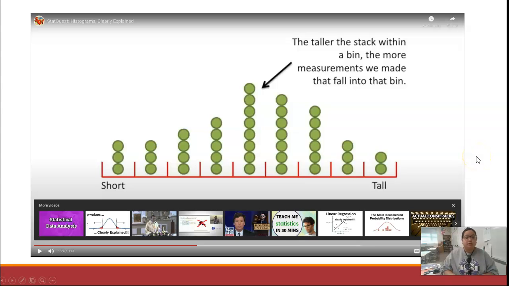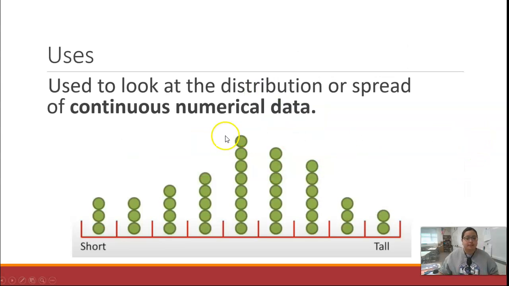Alright, so when we're making a histogram, we're using data that is continuous. So in your notes, I want you to find the box that says uses and write this down. We use a histogram to look at the distribution, or how spread out the data is, for continuous numerical data. So anything where we have a numerical answer, we can put into a histogram.